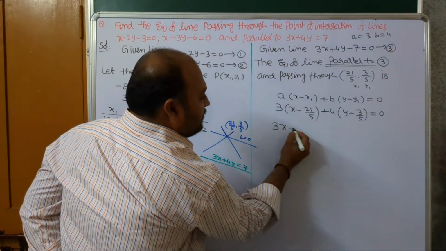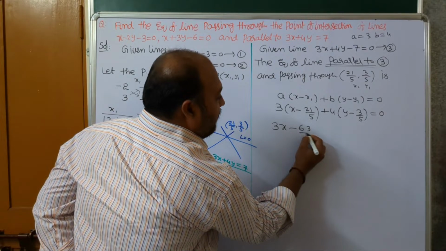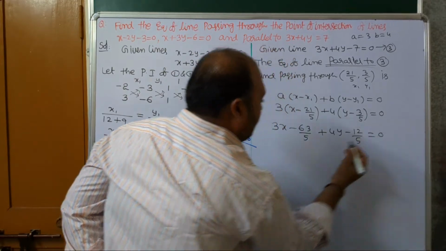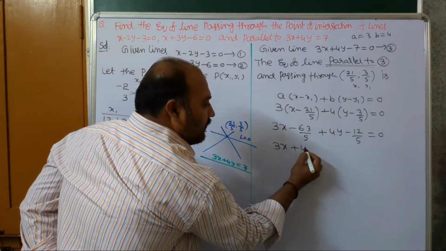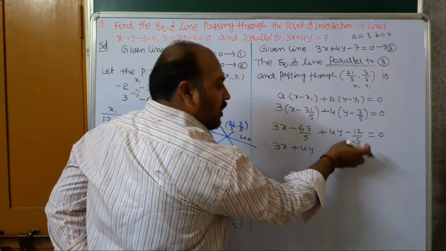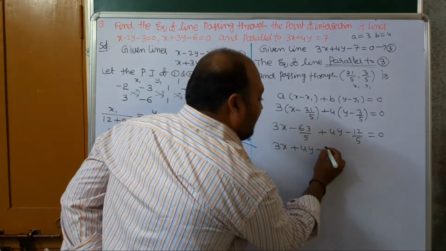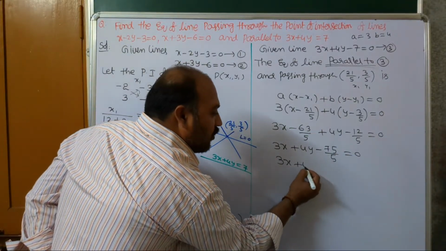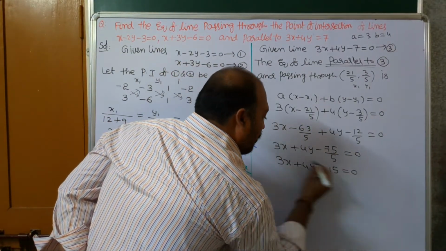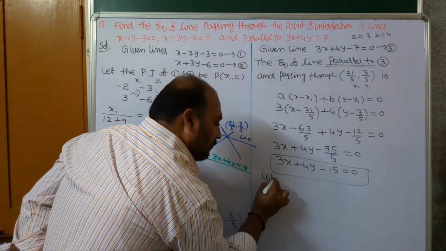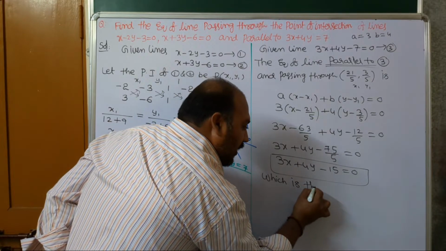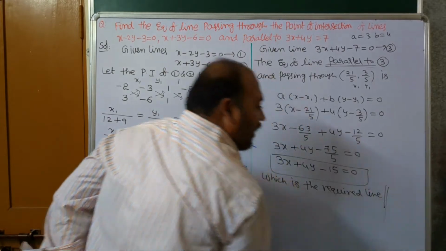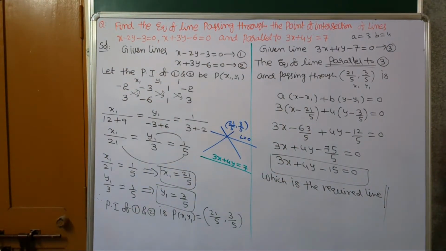So 3 into x, 3x, 3 into 21, 63 by 5, plus 4y minus 12 by 5 is equal to 0. 3x plus 4y minus 63 by 5 minus 12 by 5, 63 plus 12, so minus 75 by 5. 5 fifteens are 75. 3x plus 4y minus 15 equal to 0, which is the required line. Required line means the parallel line they are asking, dear students. You got it, I think.